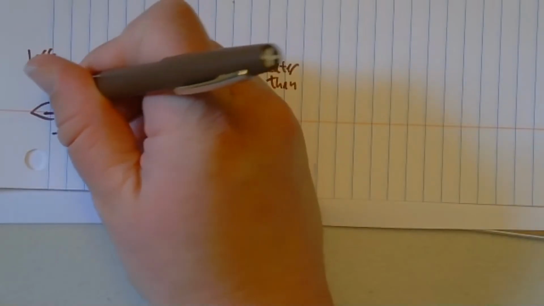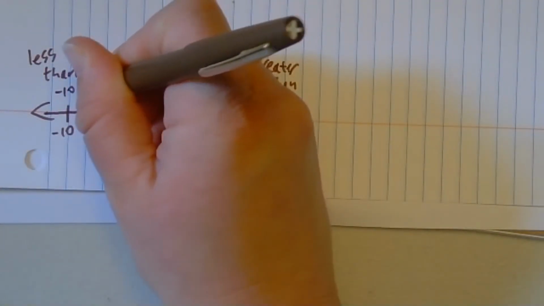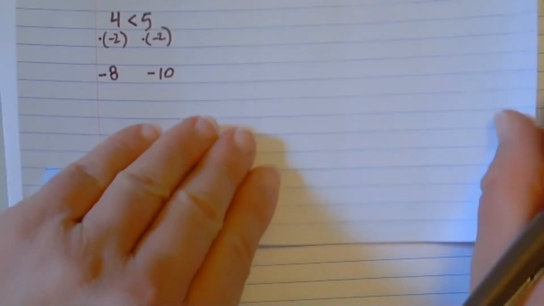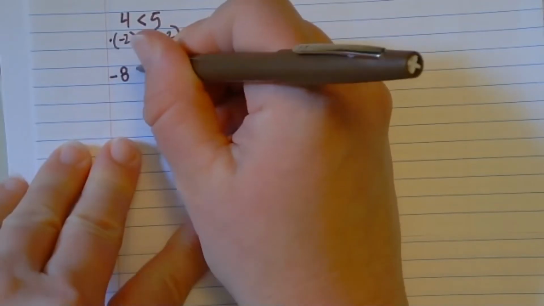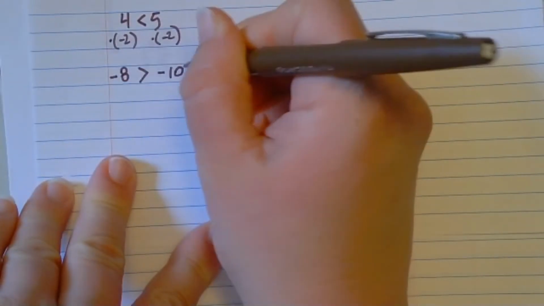So here we'd have negative 10, and negative 8 would be about here. So negative 10 is less than negative 8. So back in the problem we were doing, that means the sign changed because negative 8 is greater than negative 10.